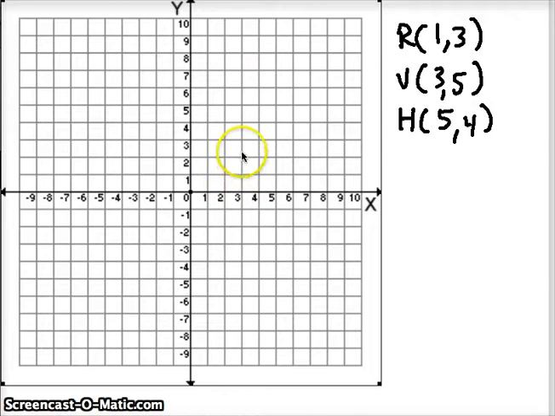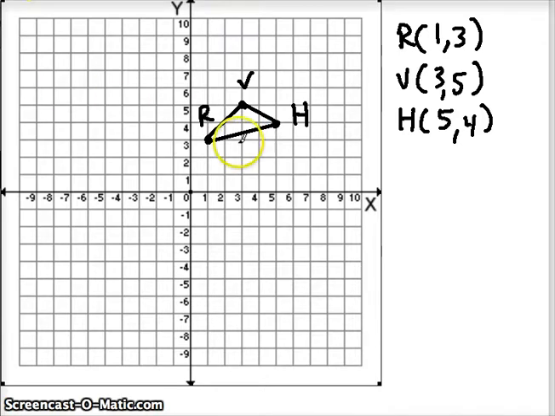That's point R. At 3, 5, that's point V, and at 5, 4 is point H. And we got some points here. Let's make a shape out of them, so we can talk about this triangle.